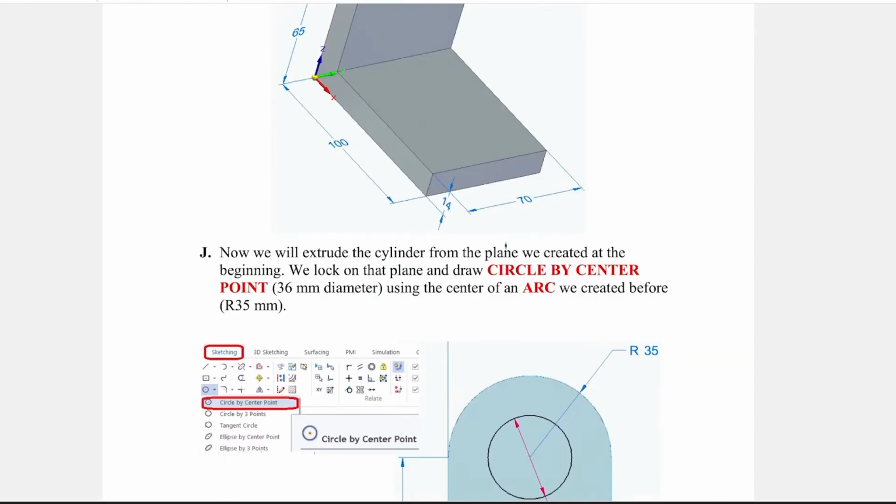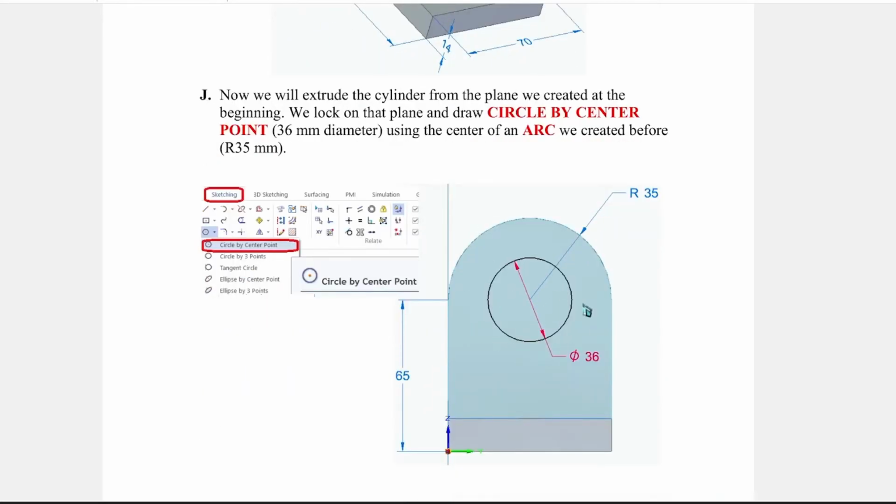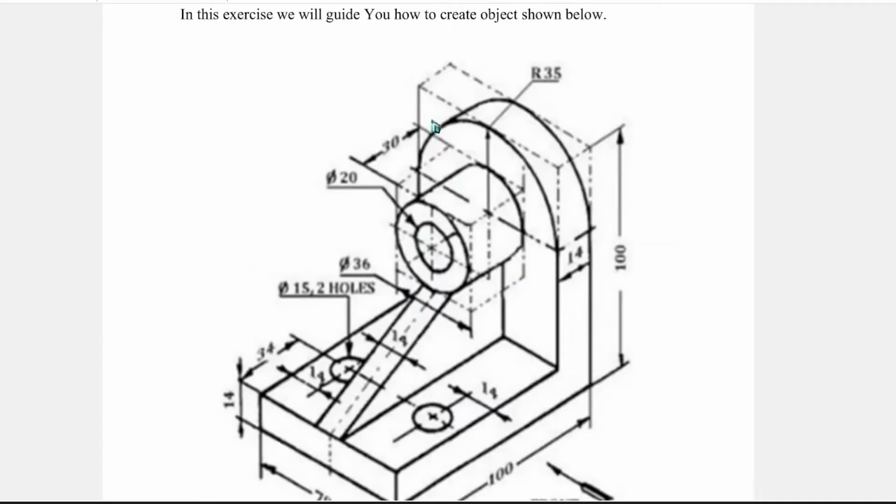Okay, now we have to extrude the cylinder. The cylinder has to have specific measurements at a specific center. So it has to be at the exact same place that the arc center was.